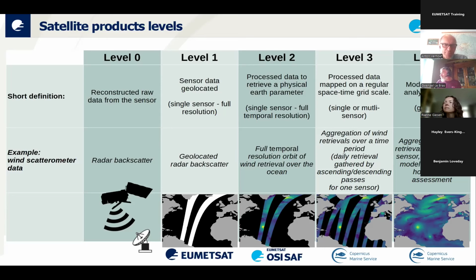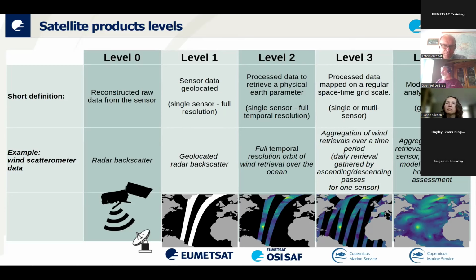And then with this level 2 data, KNMI also processes some level 3, which in that case will be an aggregation of the wind retrieval over a time period. So it's daily retrievals that are gathered and distributed by ascending passes or descending passes by sensor in Copernicus.